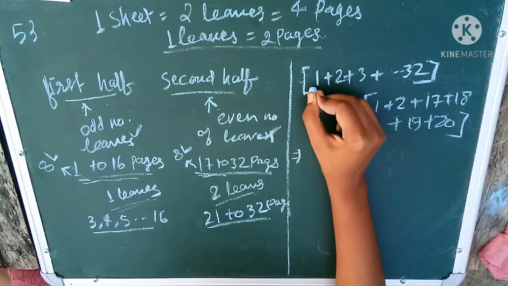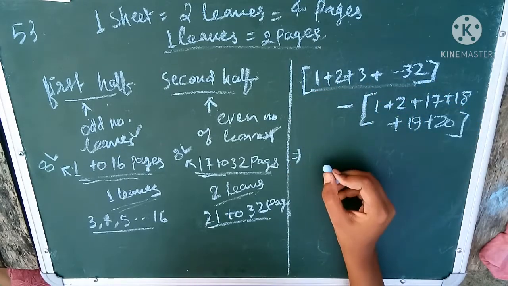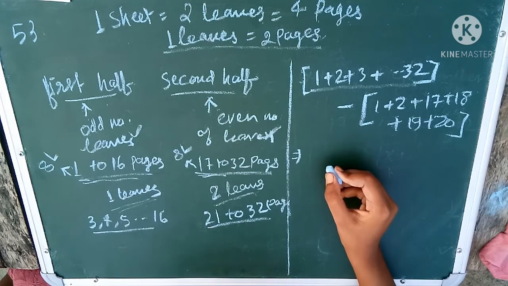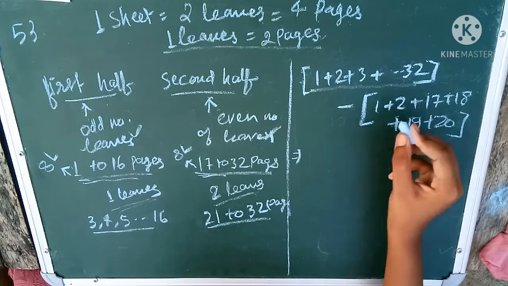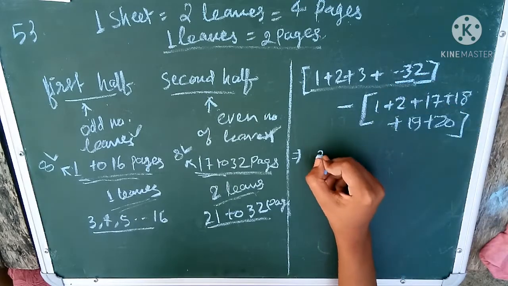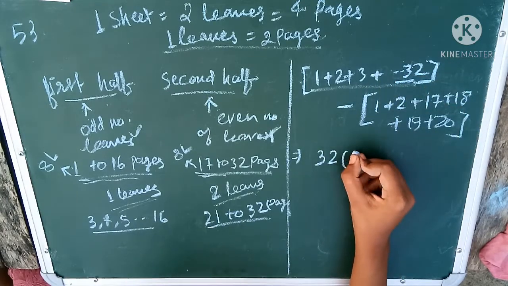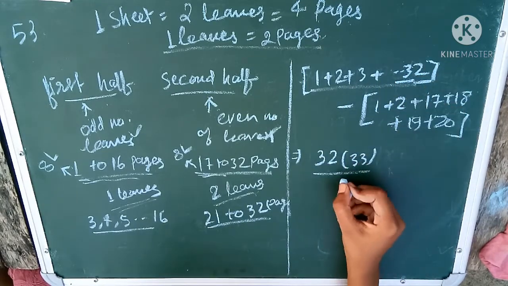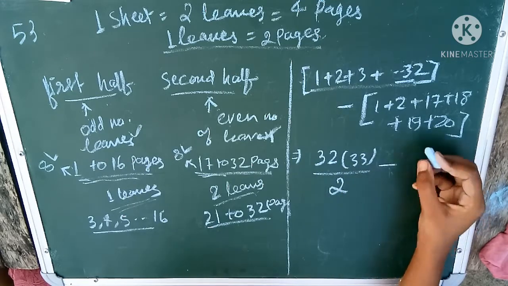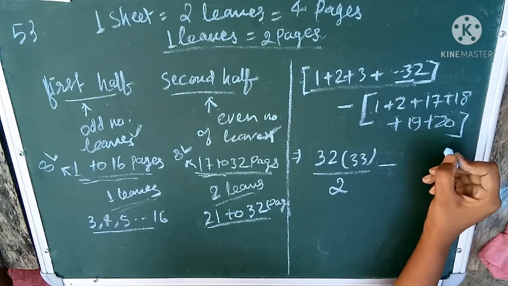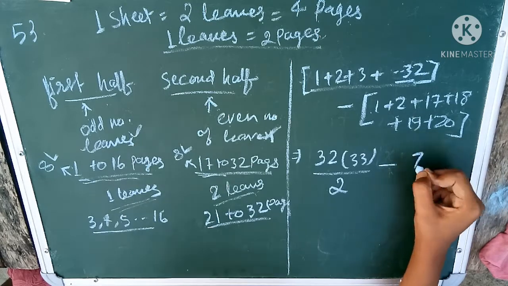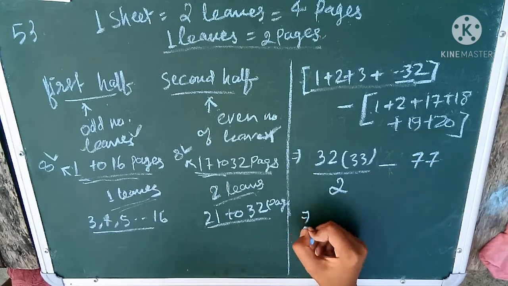To find the sum of the first 32 natural numbers, we have the formula n multiplied by n plus 1 divided by 2. Here n is 32, so it will be 32 multiplied by 33 divided by 2, minus the removed pages. If you calculate all those numbers, you will get 77.